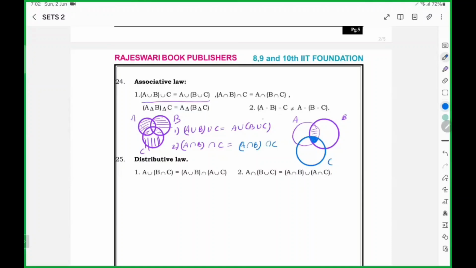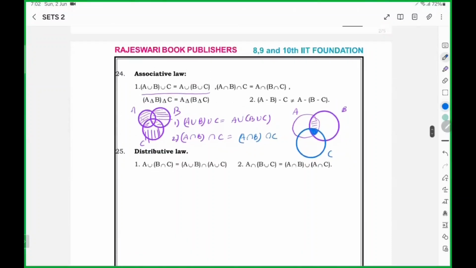So the associative property is not satisfied with respect to the operation minus.